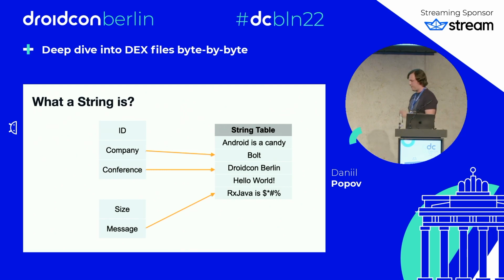What is a must to say here? Every possible string that you can meet in a DEX file is actually placed here in one single table. It allows the DEX structure to just have the index of this string instead of keeping the whole string in place in the structure, for the sake of memory saving, of course.